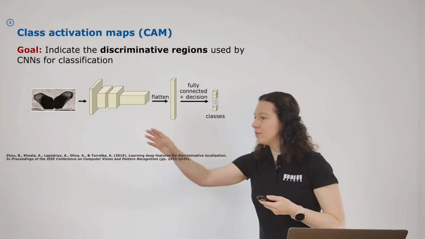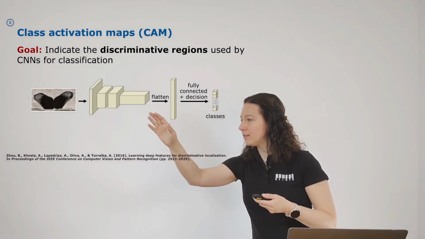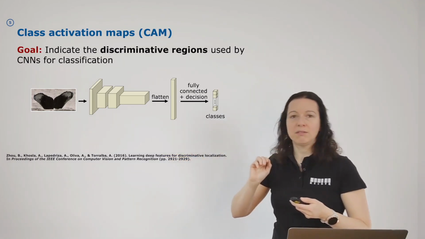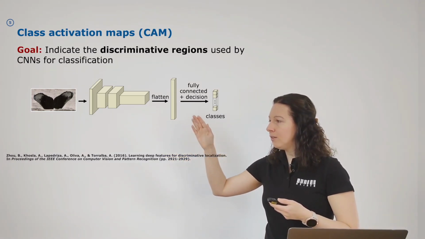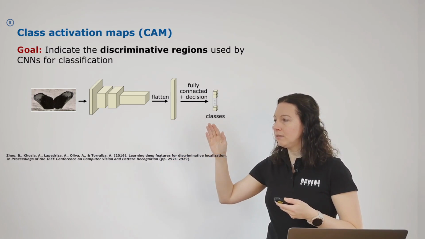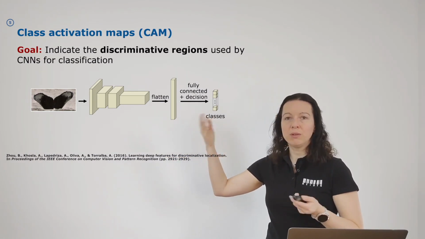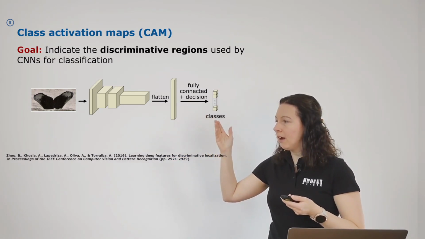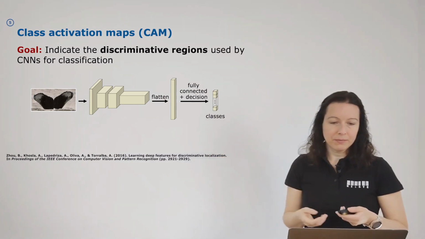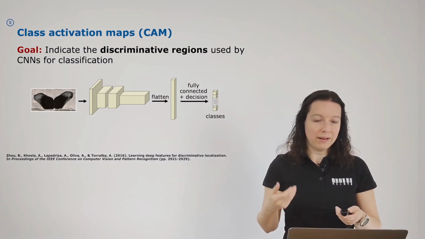So you have some convolutional layers here, then you have a flattening layer, and then you have a fully connected layer, and you perform a decision in a decision layer. And the output, you have the classes, or just in this case, the whale ID.